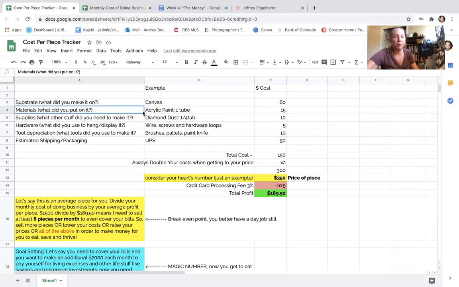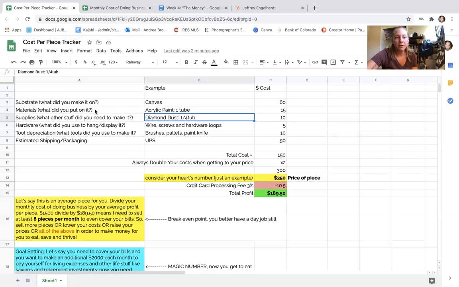Now, you might have to break this out and say, well, I used paint and I used paper and I used macrame and I had millions and millions of materials used. Okay, well, you're going to have to break each one of those out and assign a dollar amount to those because we got to get pretty specific here, guys. All right, what other supplies? Diamond dust.